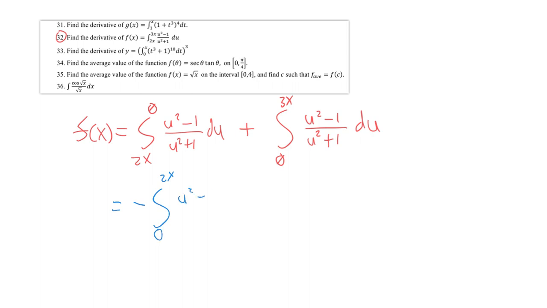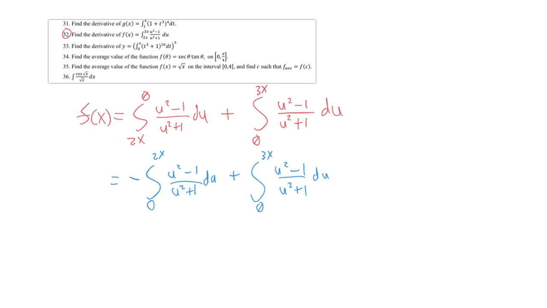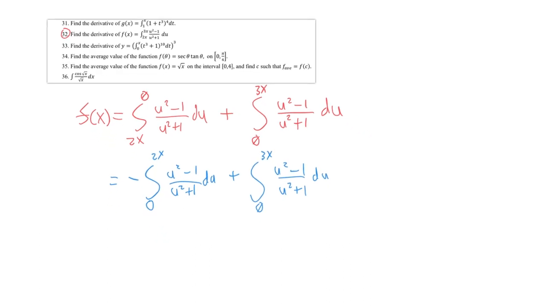So that's going to switch them. And then we still have this scenario, which is what we want. So make no mistake about it. This is the same thing as that. It's just written in a different way and in a way that will enable us to do that substitution we've been talking about. Now, speaking of the substitution, this time we could be substituting a 2x in there, and in fact we will.